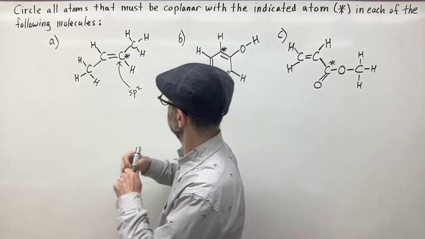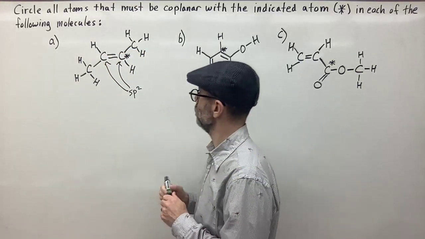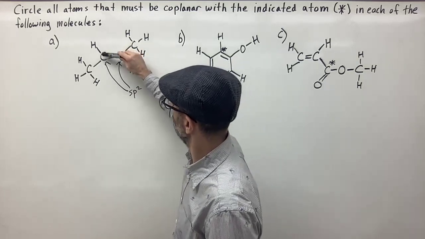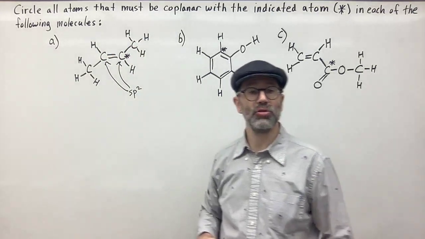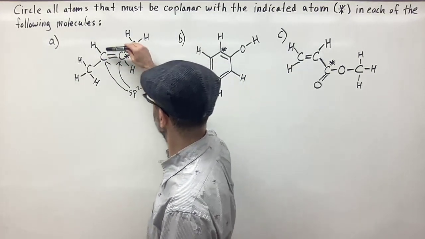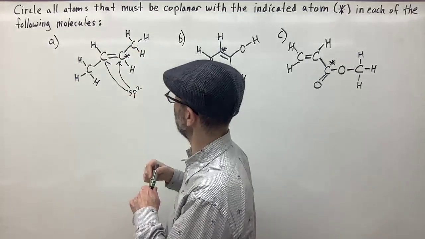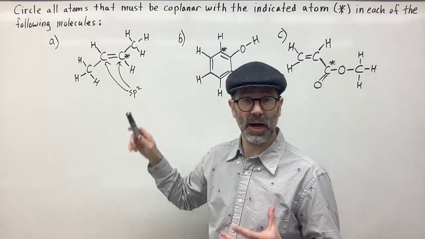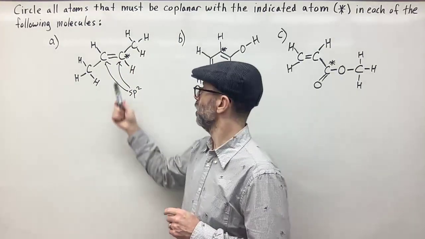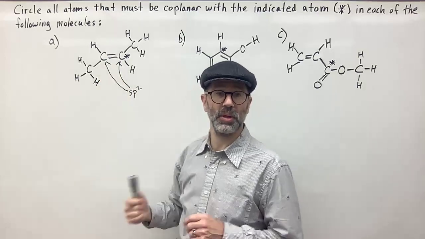And so this is also going to have sp2 hybridization, which means that this part of the molecule is also trigonal planar. Because of the double bond here, one of the bonds is a pi bond. So you have one bond that's sigma, and then the other bond is going to be a pi bond.